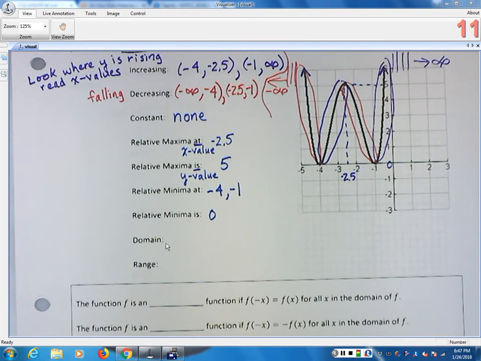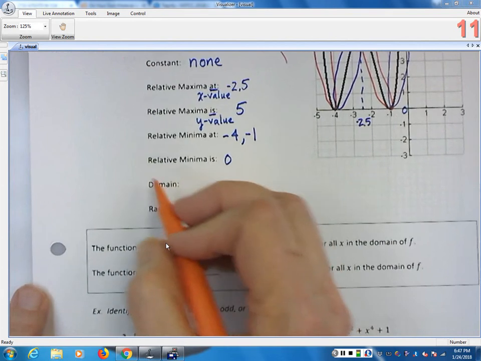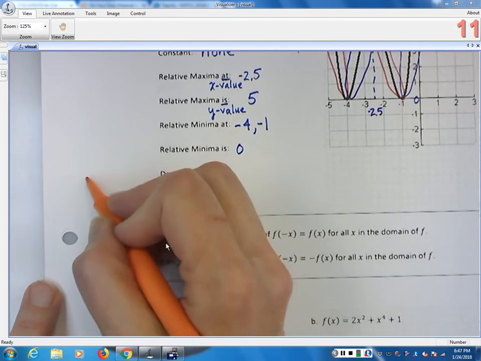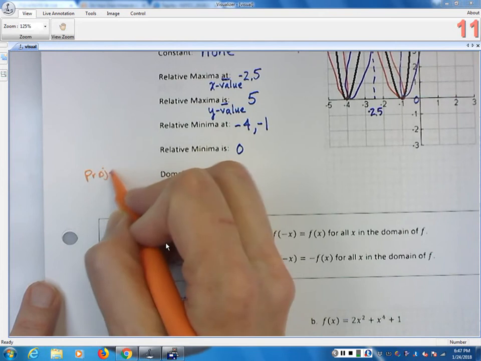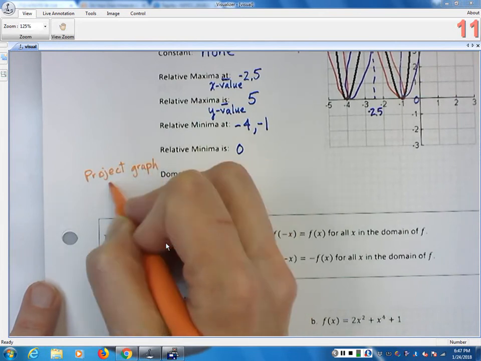All right, and then the domain. Now we can't hardly see my picture anymore, but okay. To find the domain, you project the graph to the x-axis. The domain is the values that x can take on.